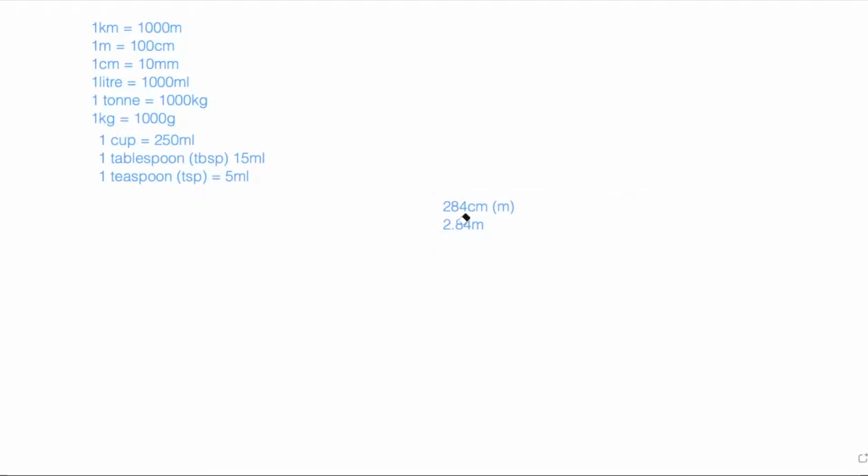Let's erase this one again and do the next one, which is 1.3. 1.3 says 2.85 meters in centimeters.